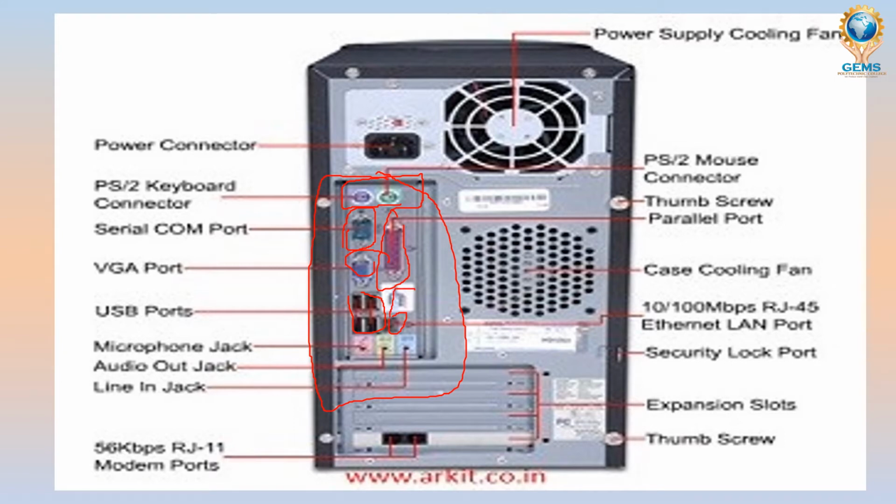Here is the Ethernet port, and here are the microphone, audio output jack, and audio in jack. So all types of ports are seen mostly on the backside of the PC CPU.